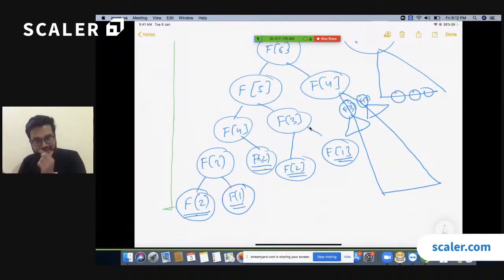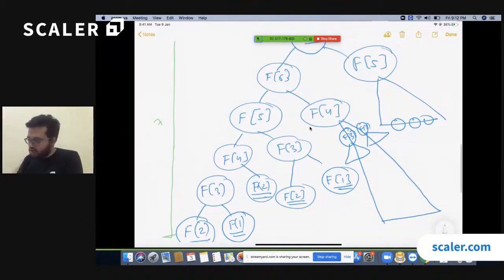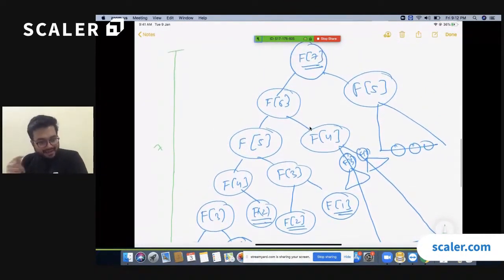The farthest distance would actually be 7 in this case because you started with F7. And in each iteration, at each level, you at least have one node which was just reduced by 1. Okay, so the depth of this tree is 7 in this case, or to speak generally, the depth of this tree would be n if you are computing the nth Fibonacci number.